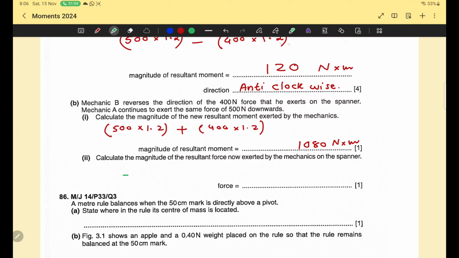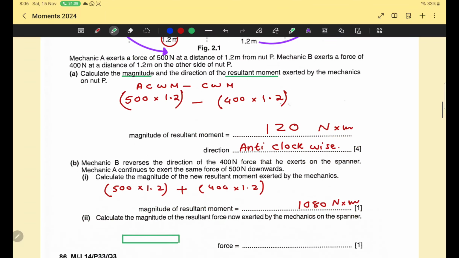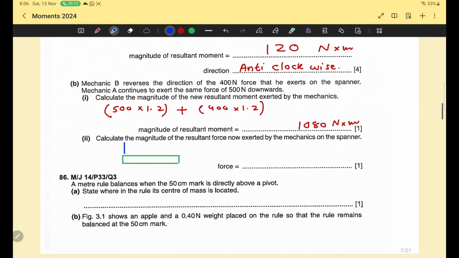Remember, the force from A acting downward and the force from B acting upward were both producing anti-clockwise turning effects, so their total is calculated by adding the turning effects. When turning effects are both anti-clockwise, they are added.